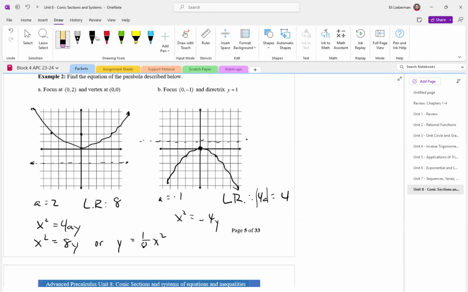It's not on the parabola, so a purist might change this to be an open circle, just indicates that it's not actually on the parabola, just like the directrix is dashed because it's not part of the parabola, it's just where it came from. So I'm going to change it to that. I would never grade off for making it a closed circle there, but just to be considered.